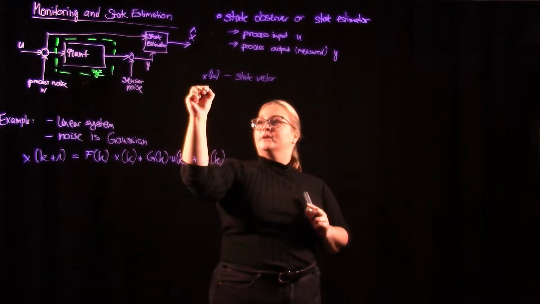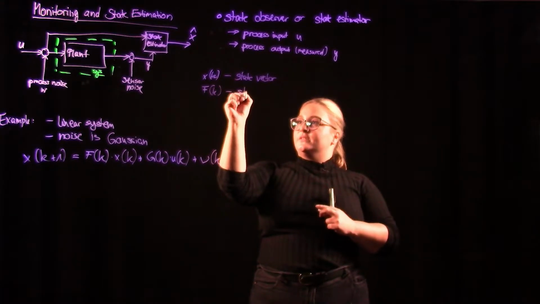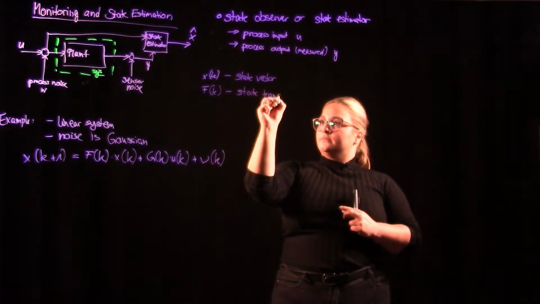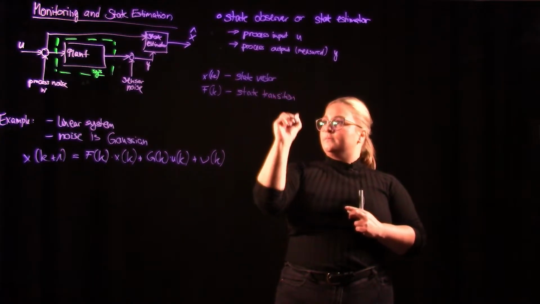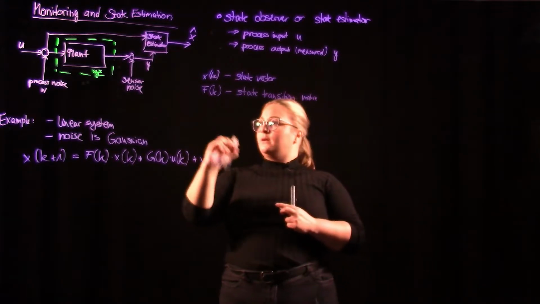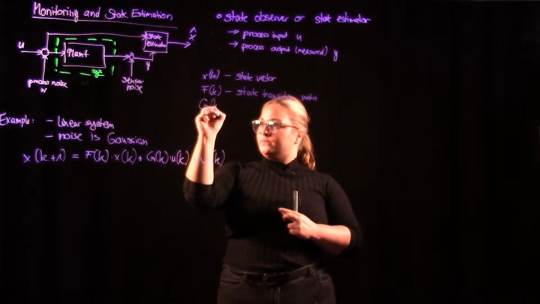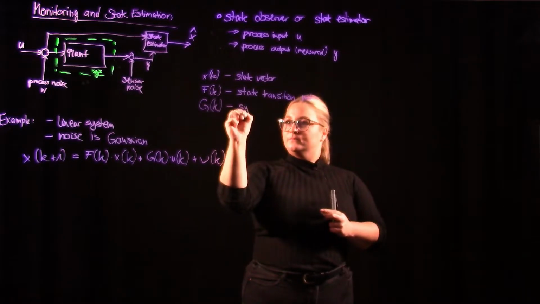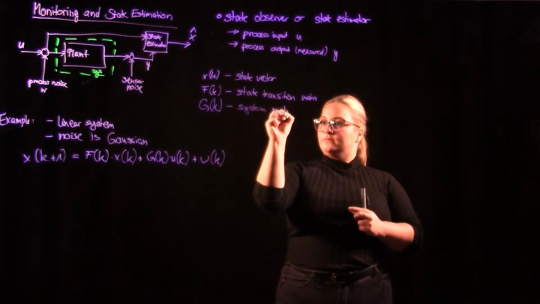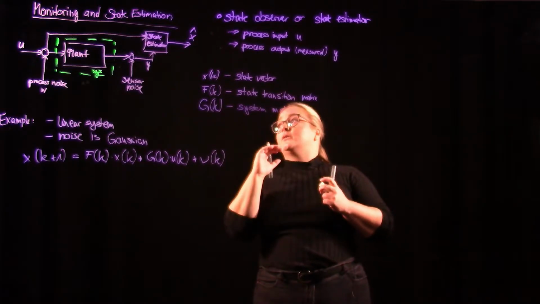We have our matrix that describes the state transition in the system, and our system matrix that describes our input vector.